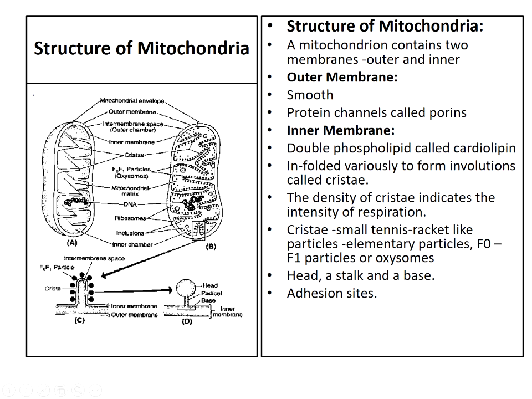The inner membrane as well as its cristae possess small tennis-racket-like particles called elementary particles, that is F0 F1 particles, called oxysomes. The F0 F1 particles or oxysome has a head, a stalk and a base.